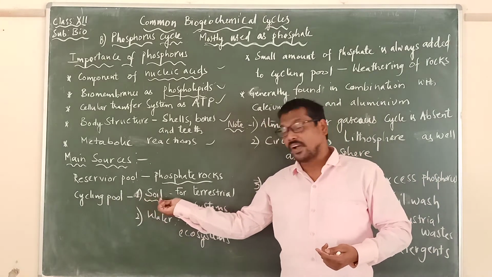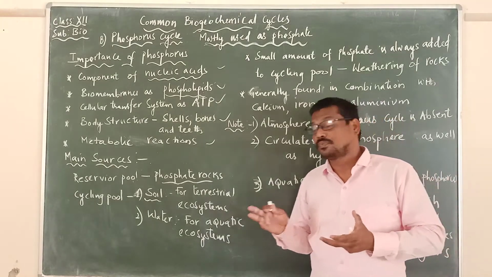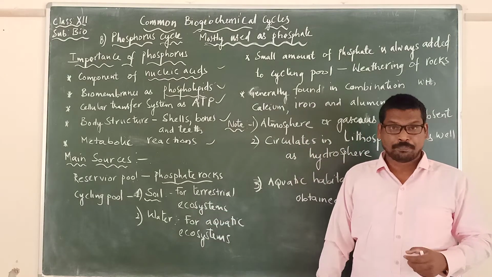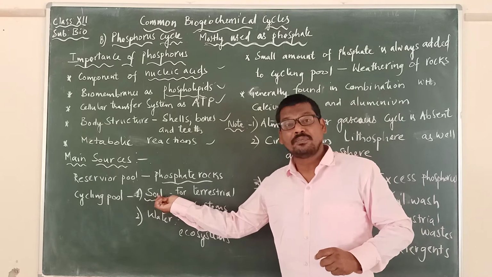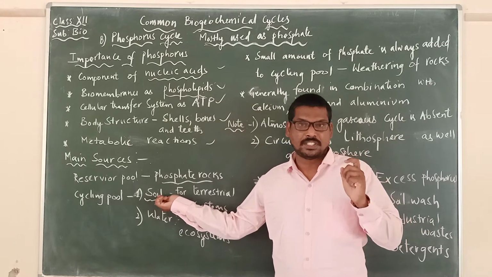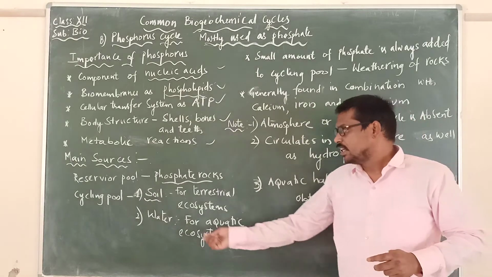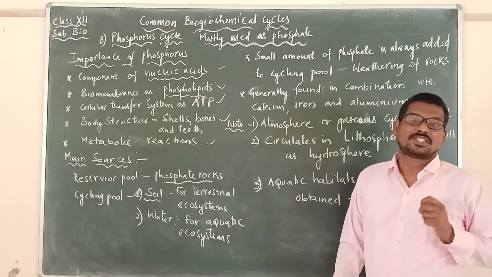Now it is the soil. Soil contains so much phosphorus, as phosphate we say, for terrestrial ecosystems. For all the terrestrial ecosystems, soil is the one which is providing the phosphorus, in its cycling pool. Likewise, even the water, it is for aquatic ecosystems.